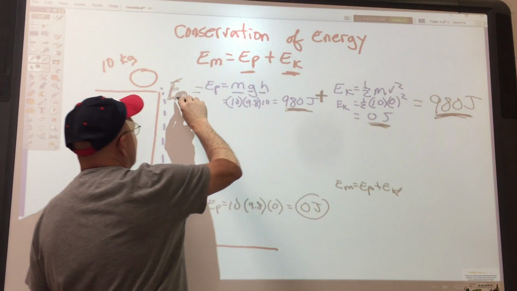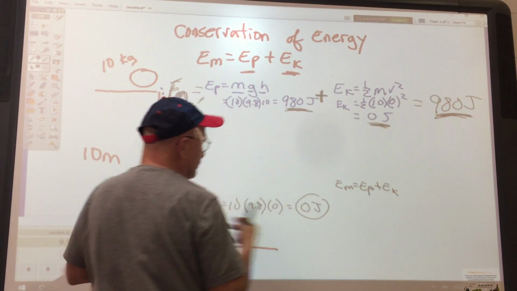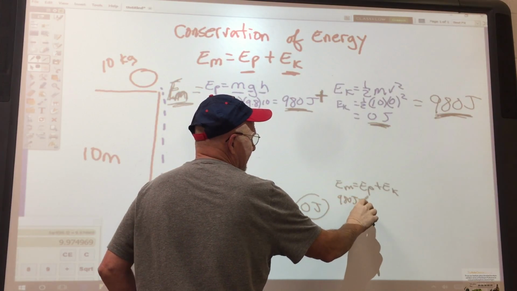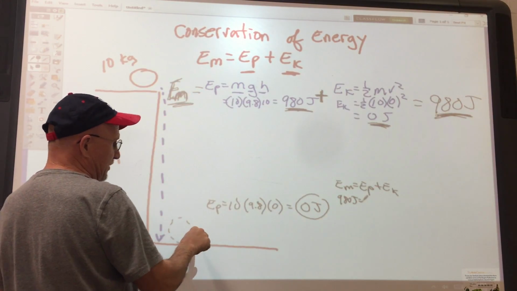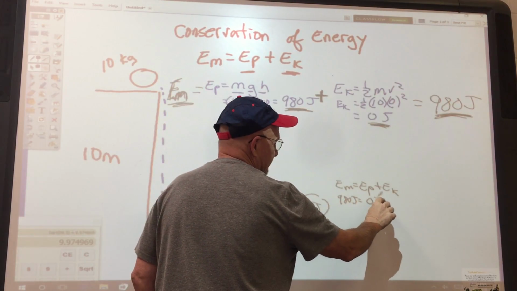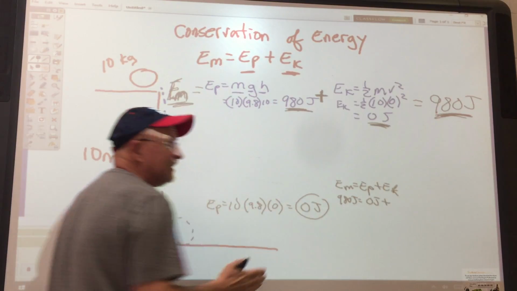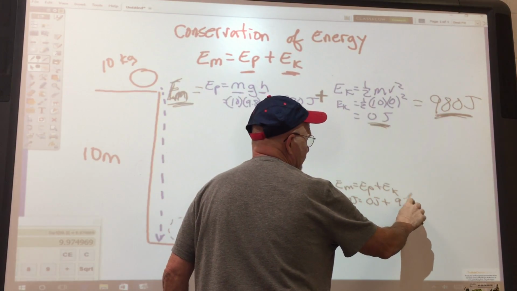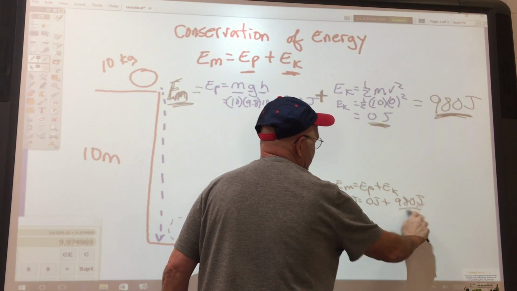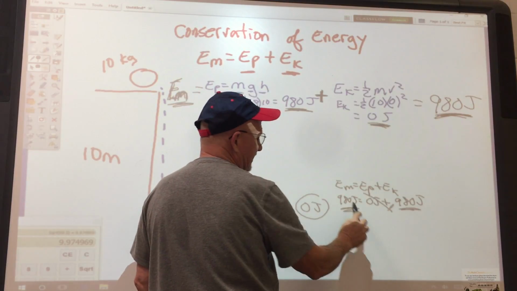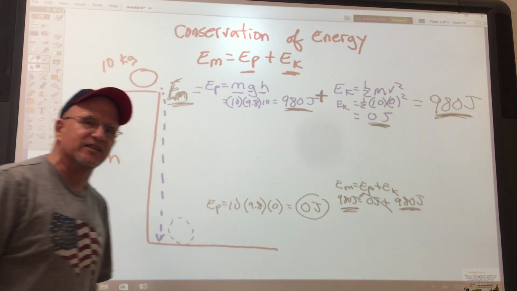I know that EM is 980. The total energy in the system is 980 joules. Now I know the potential energy at the bottom is 0 because it doesn't have any height, so I can put 0 joules here. That means that EK, the kinetic energy, has to be 980 joules so that both sides of the equation are equal, so that this thing balances out, because that falls out and 980 equals 980. That makes sense to me.